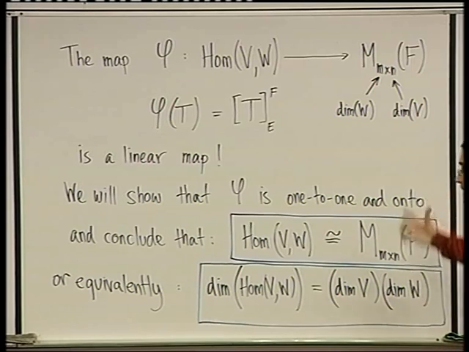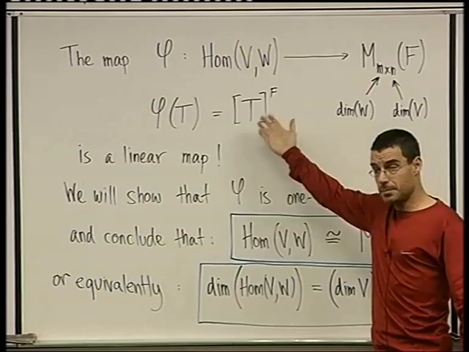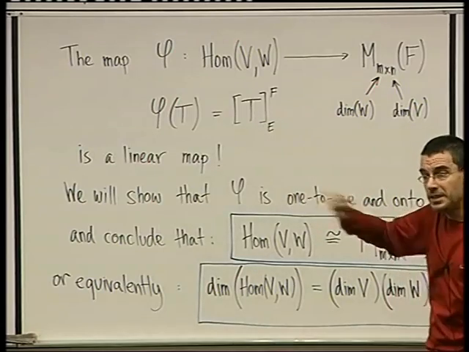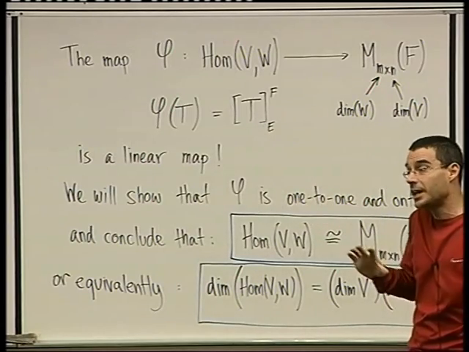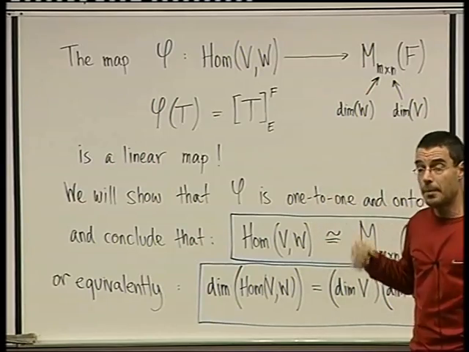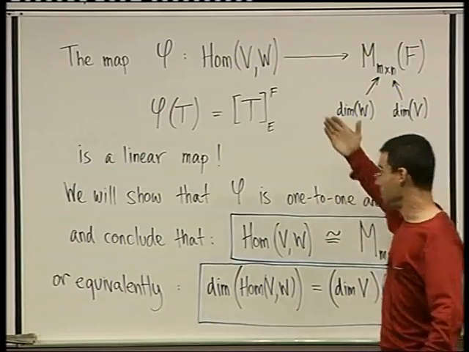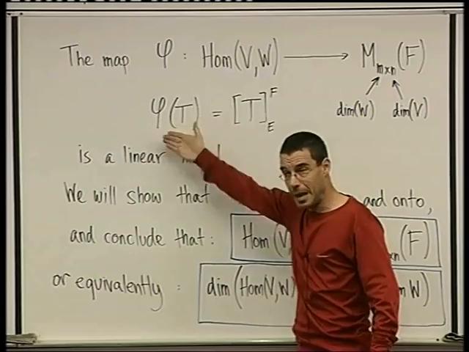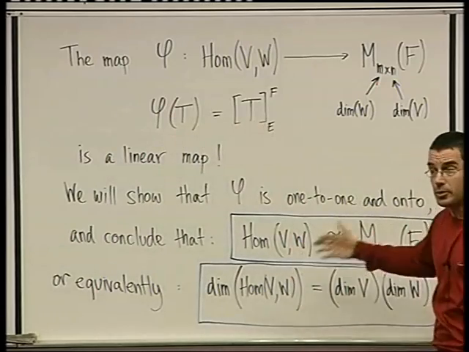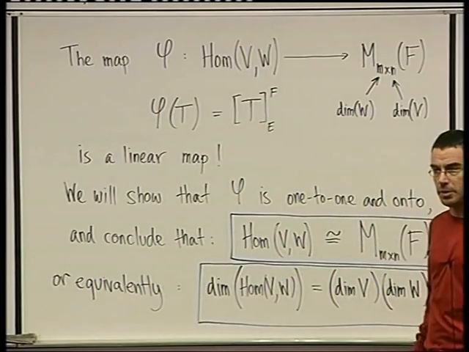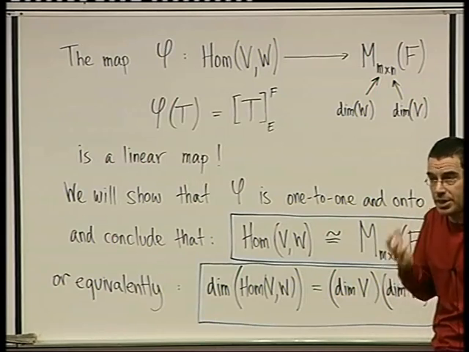This is precisely the statement that linear transformations can be implemented by matrices, and that this implementation is in fact not just an implementation, but it's an isomorphism. Matrices are linear maps. Linear maps are matrices. As far as linear algebra is concerned, they're the same thing.